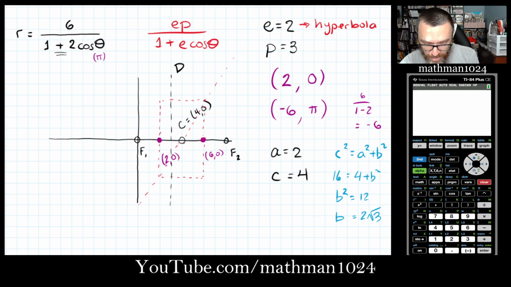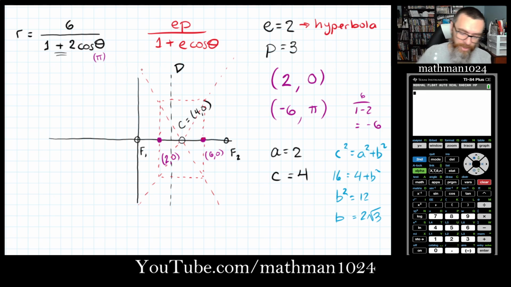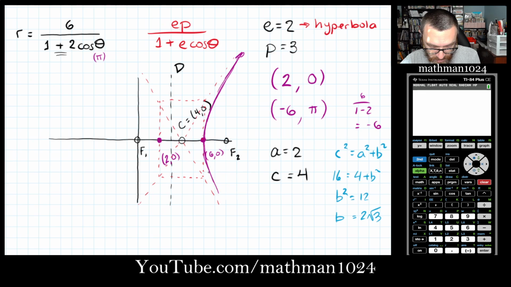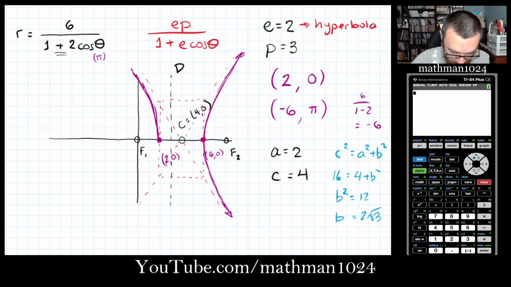Again, not the prettiest, because we're dealing with radicals here, informing us with part of our slope. But we know what the shape is supposed to look like. You draw your nice branches for your hyperbola, and we'll have something like this.